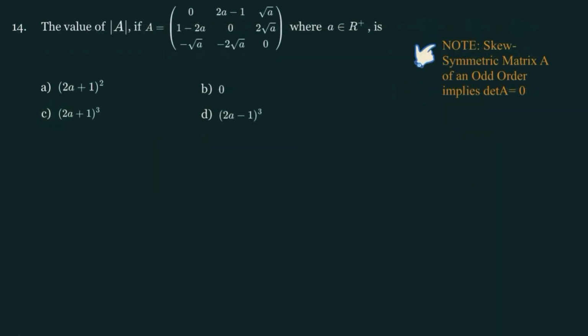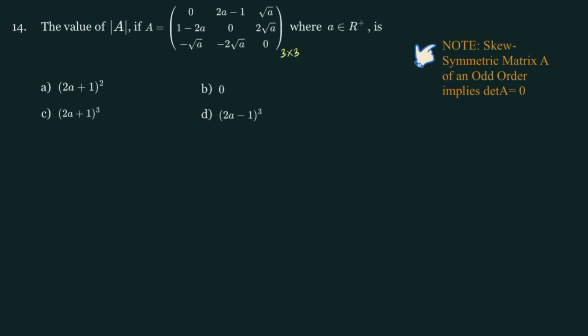Question 14. We have to find the value of the determinant of A, and a matrix A is given. Note that the order of this matrix is 3 by 3, that is, the order is odd. If you see, all the diagonal elements are 0 and the mirror elements are negative of each other, which means the given matrix A is a skew-symmetric matrix.